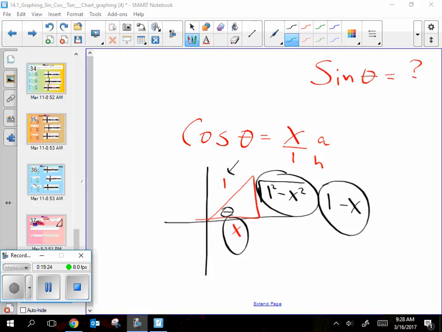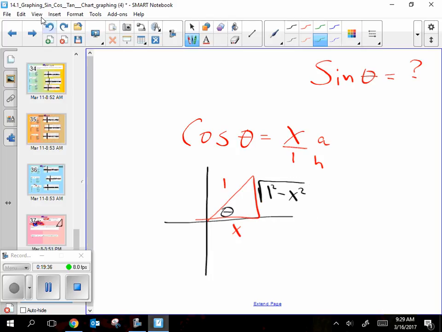Because when you square this, you get a middle term. Okay, so bottom line, don't try to simplify the square root of 1 minus x squared into 1 minus x. This needs to stay as the square root of 1 minus x squared.